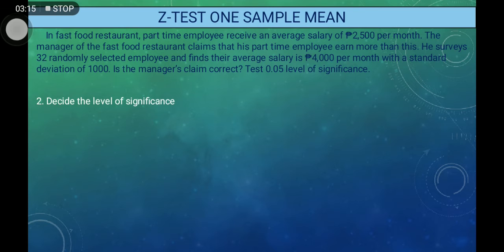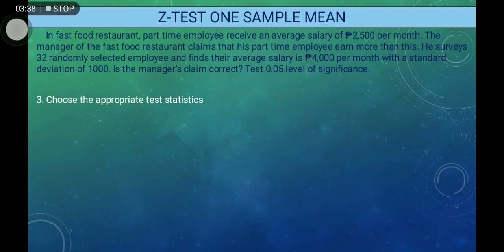Step 2, our level of significance, nakikita na natin sa problem. It is 0.05. Step 3, choose the appropriate test statistic. Meron tayong tatlong appropriate test statistic.